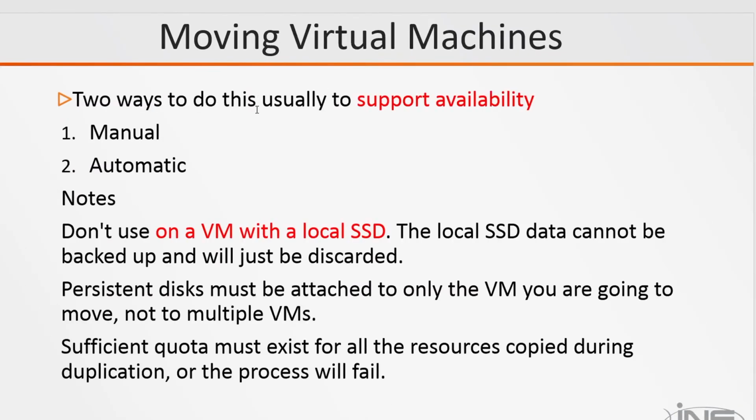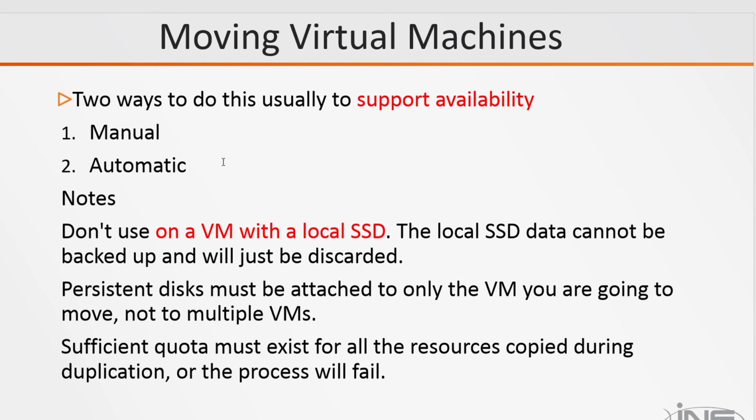Now there are two ways to move a virtual machine. You can do it manually or automatically. And a lot of it does come down to support availability. Like I was saying earlier, a lot of it just depends on where that VM is and where it needs to go. If you are in a supported zone with that VM and you're going to go to another supported zone, then that VM could be automatically migrated or moved.